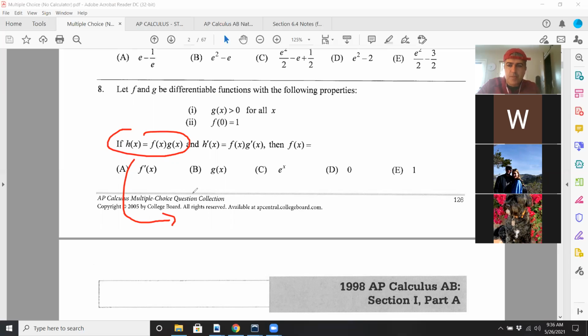Because really, I would think that this is what should happen if you do the product rule correctly: f prime of x times g of x plus f of x times g prime of x.